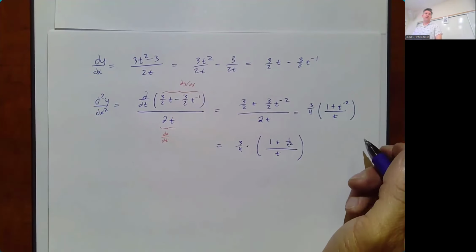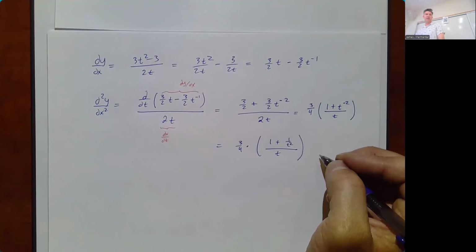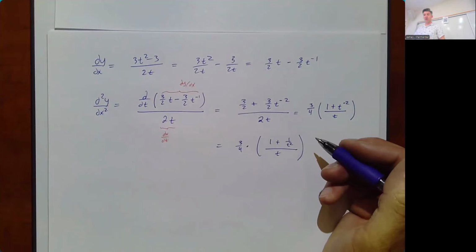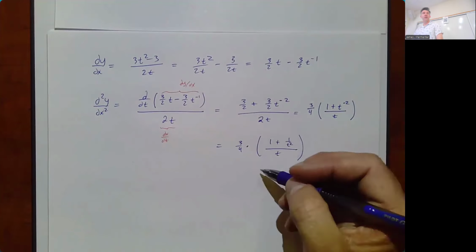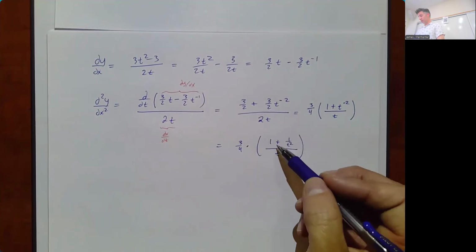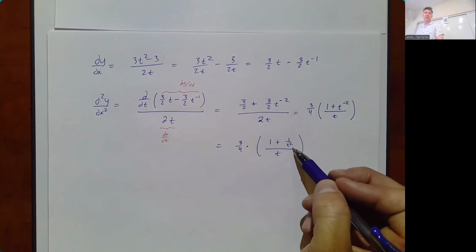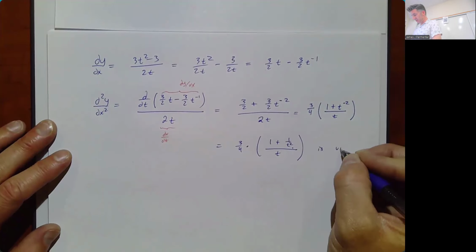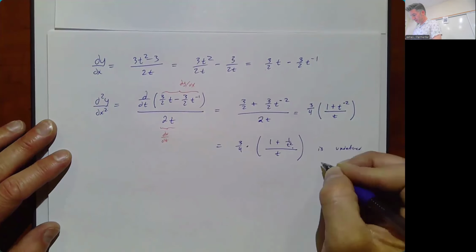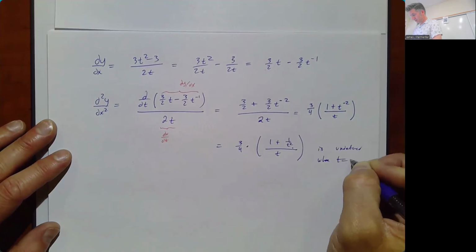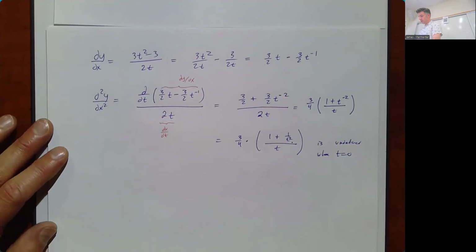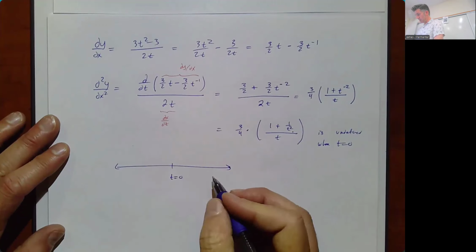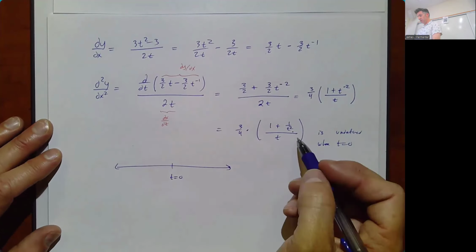Okay, so concave up versus concave down. When is this positive, when is this negative? Well, the only time this can change signs is if it's either equal to 0 or undefined. This is never equal to 0 because the numerator is 1 plus 1 over t squared, which is always positive. So the only time this is undefined is when t is equal to 0. If we look at our number line here, when t is greater than 0, the whole thing's positive.